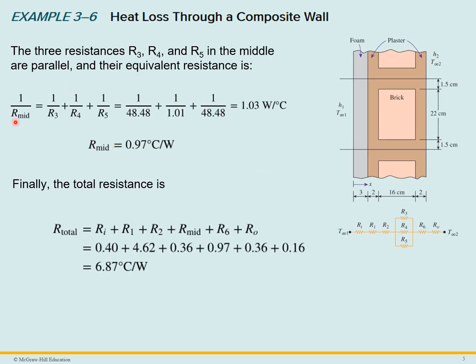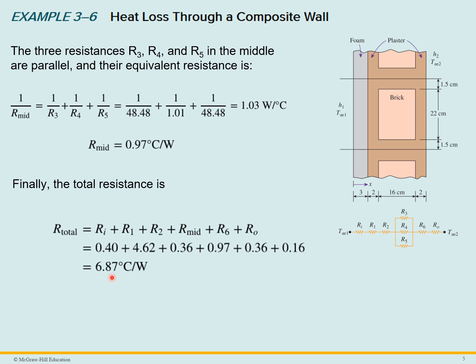First we calculate the equivalent resistance for the three resistors in parallel in the middle. So we've got R3, R4, and R5. Based on the values on the previous slide, we can calculate the equivalent resistance for the three resistors in parallel, and then we can find the total resistance by simply adding all the resistances up.